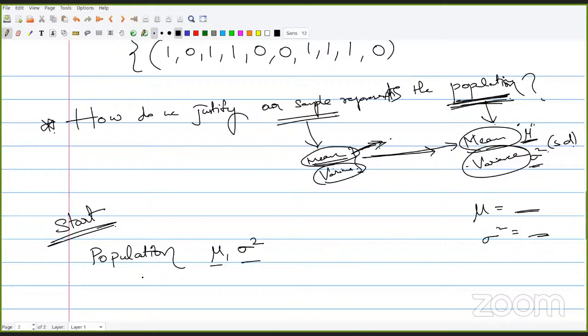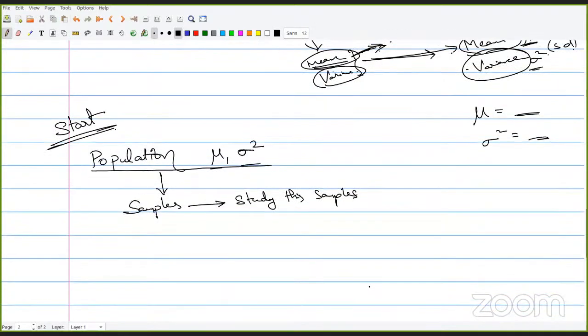If this is given to us, we generate samples out of it and study these samples. One sampling is not enough. If you collect, say, 10 samples and study only that sample, it may not represent the whole population.